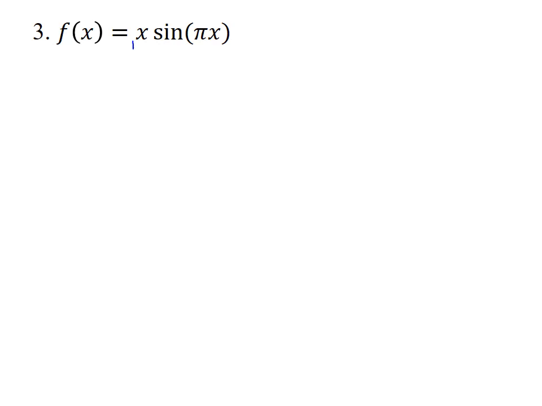So first thing you'll notice is that you have two functions being multiplied, an x and a sine of pi x. Like I did a couple sections ago, if I let the first term be f and the second term be g, since they're being multiplied, the product rule says you can do fg prime plus gf prime. Now here comes the kicker.